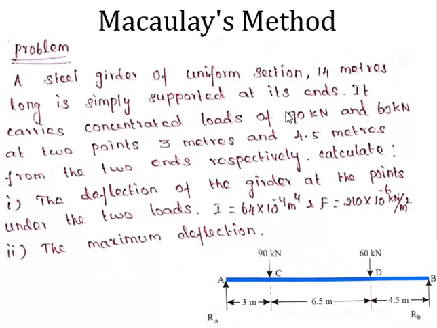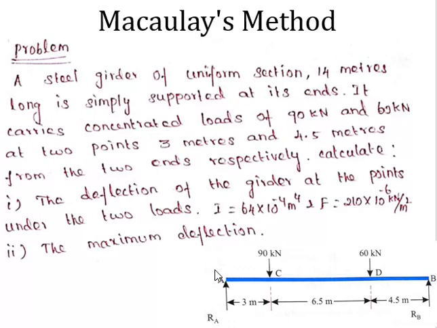After reading and understanding the given question, draw the diagram. Here they clearly give a simply supported beam of 14 meters. So we draw one simply supported beam and name it A and B, and then it carries concentrated loads of 90 kilonewton and 60 kilonewton at two points, 3 meters and 4.5 meters from the two ends respectively.